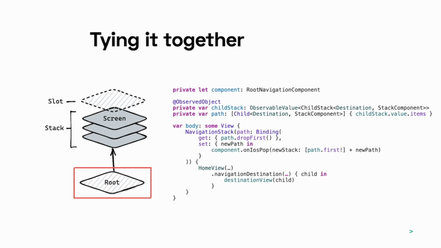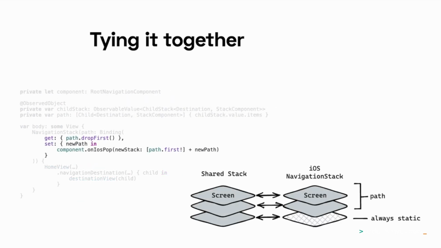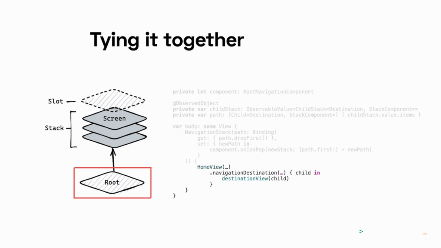However, it works. And what's really different about the stack stored in SwiftUI and the stack stored in Kotlin is that the first view in SwiftUI must always be sort of hard-coded inside.